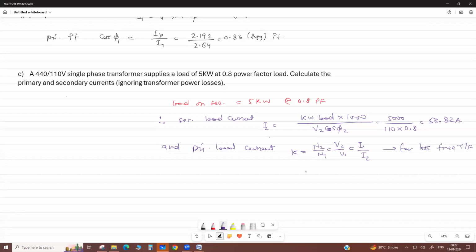So here we can write I1 equals K I2. What is K? K is V2 by V1, that is 110 by 440, into I2, which is 56.82. So this ratio is 1 by 4 of this.